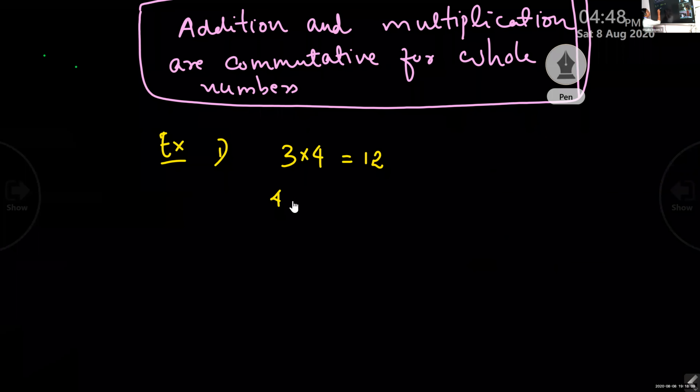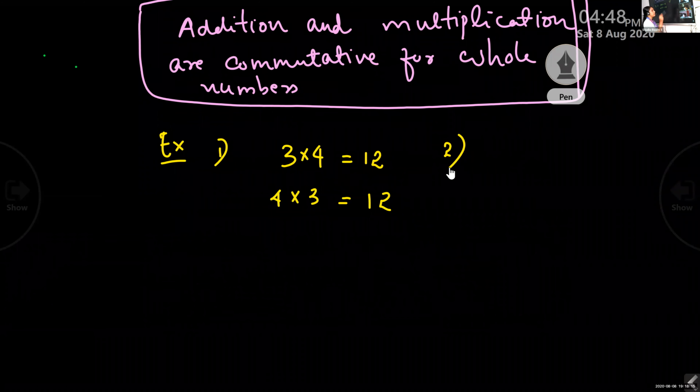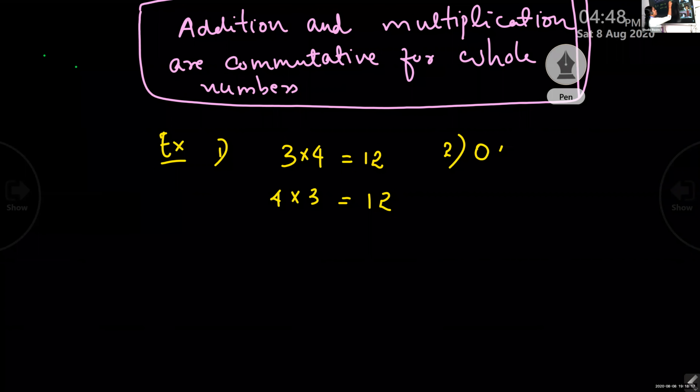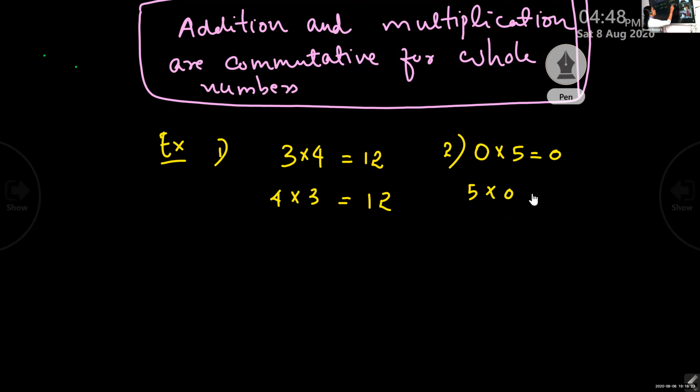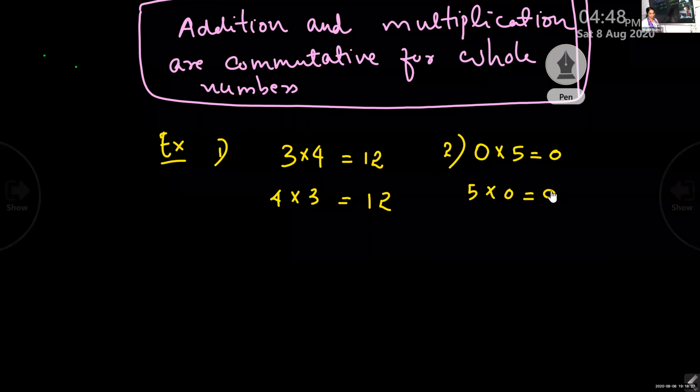Same way, 4 into 3 is also equal to 12. Second example with 0. Since we are taking whole numbers, 0 also you should include. 0 into 5 equal to 0. 5 into 0 also equal to 0. Two examples.